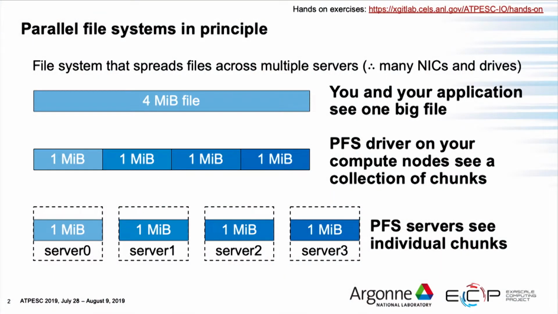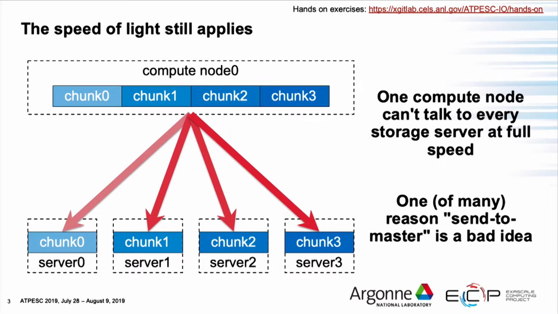So it's the same picture that I showed before. This is the way the parallel file system works: your data is split up. And then I showed this diagram showing that one client, one compute node, can talk to multiple servers and get the performance benefits of multiple NICs and devices and things like that. But the reality is that the speed of light always applies. And this picture is a little disingenuous because if you look closely, there's a major performance bottleneck in here.